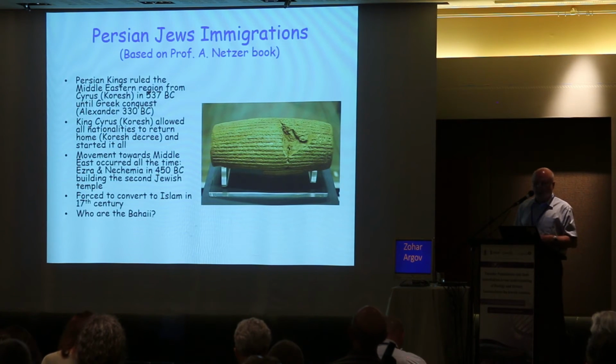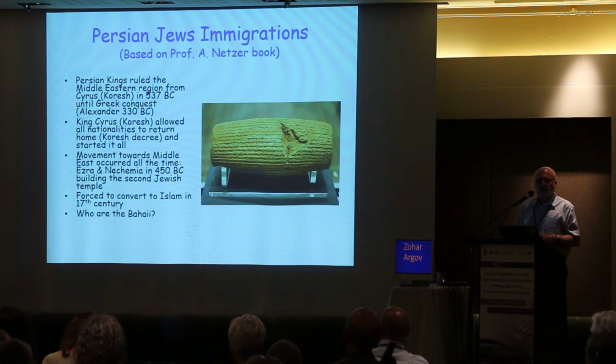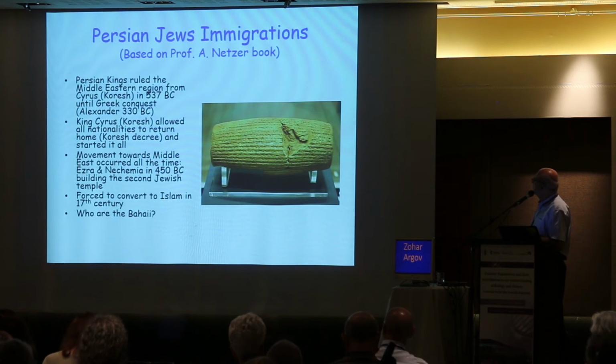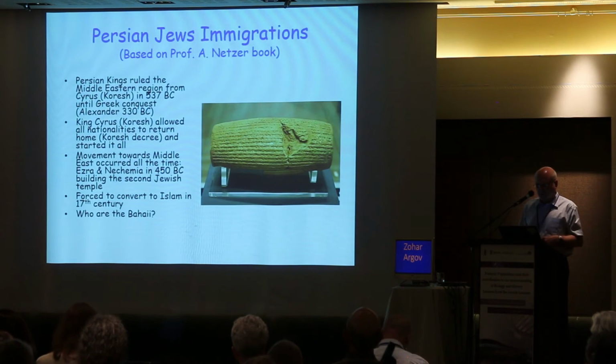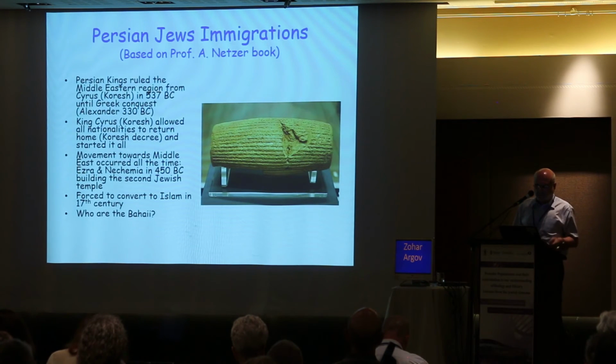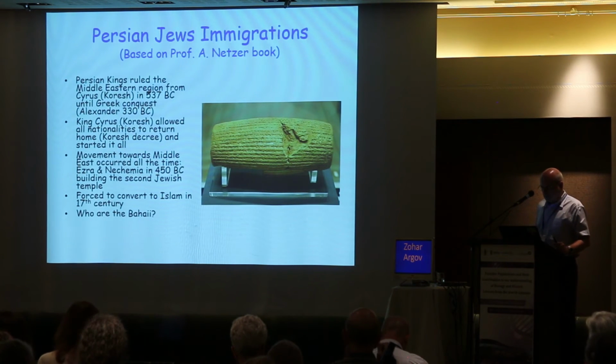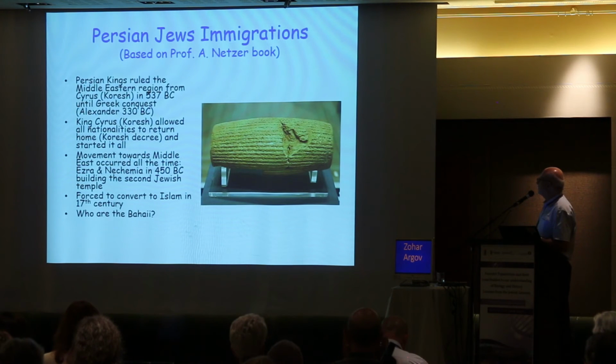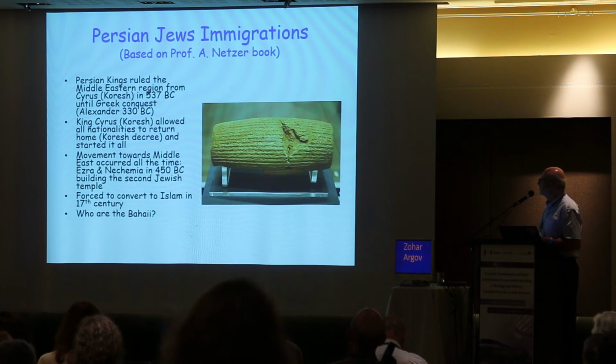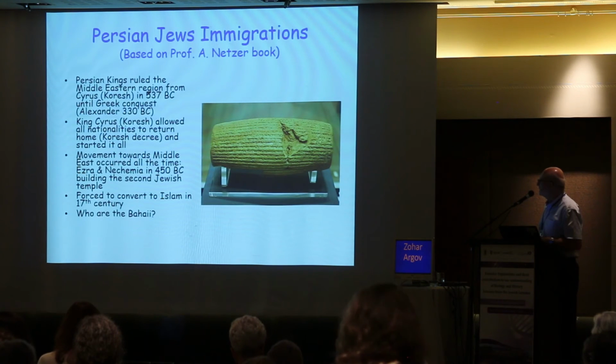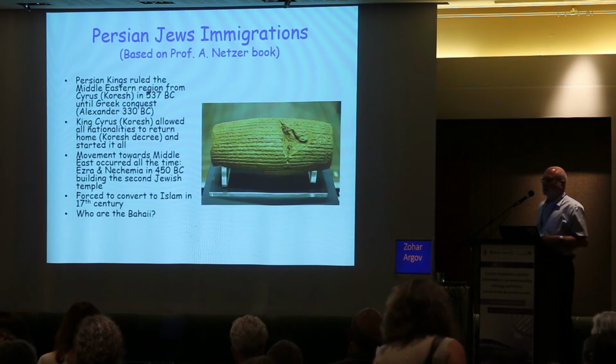And the movement to the Middle East started around that time. This is what we produced, and it is based on the book of Professor Netzer, who was the expert on the Persian Jewish community. And probably many of you know that about 450 BC, towards starting the second Jewish temple, Ezra and Nehemiah moved in to build it.